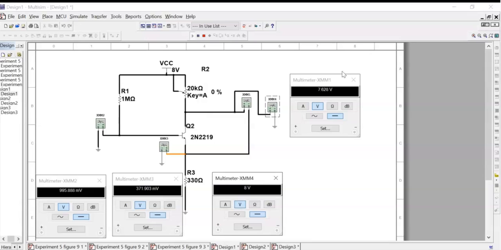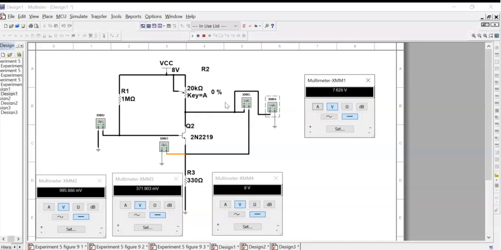Next, we need to adjust the value of the potentiometer so that meter 1 is 4 volts. Adjust until it is almost 4 volts.